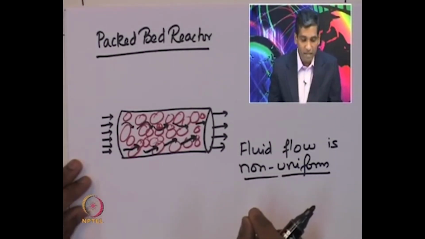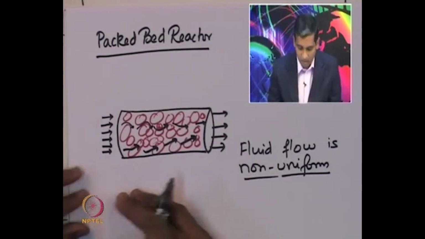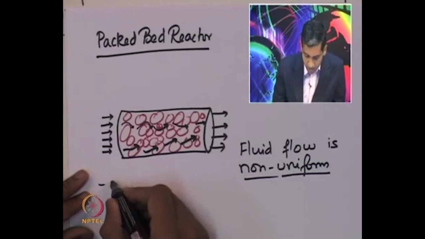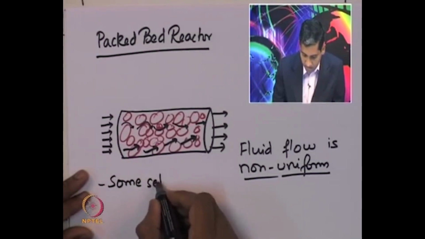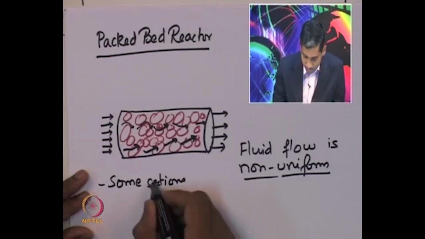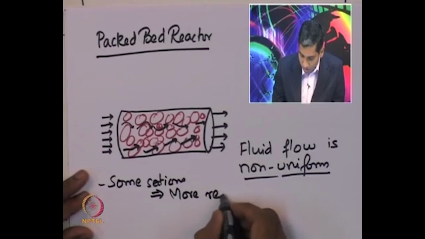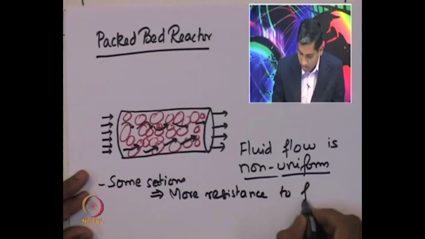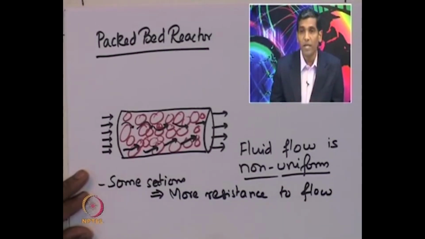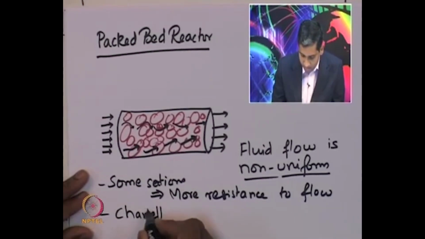And why would that be the case? Some sections will offer more resistance to flow, and as a result the channeling of fluids will occur.